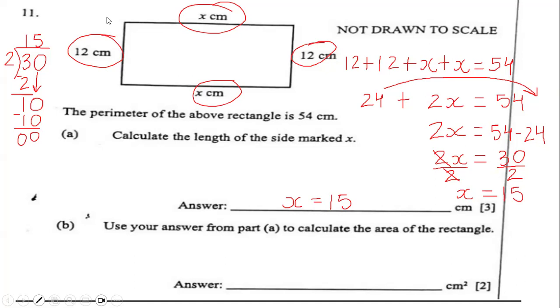Okay, so they want us to use the answer from the previous part to find the area of this rectangle. Now remember, what is x equal to? 15. X is equal to 15, right? So that means that this right here is going to be equal to what? 15 centimeters.